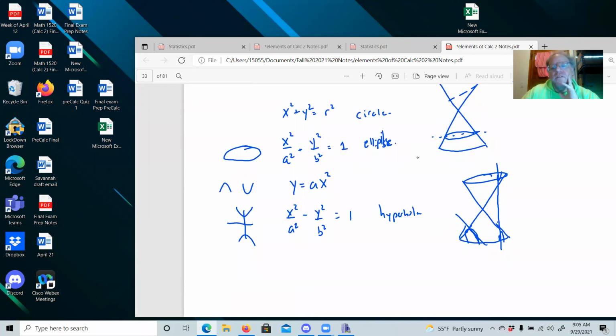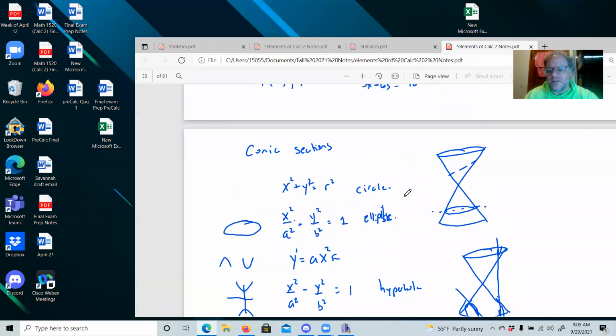So these have analogies into 3 dimensions as well. First off, which one of these does not have a y squared and an x squared? It's a parabola. So anytime you have a variable just to the 1 power, there's going to be some kind of parabolic issue going on. Then everything else has squares in it. What if there's a plus, like x squared plus y squared plus z squared? Well, are they the same coefficient?